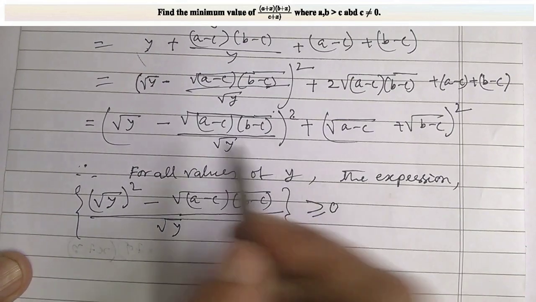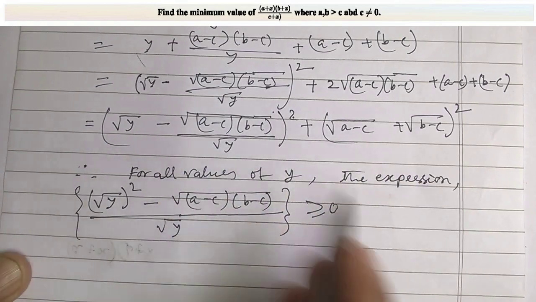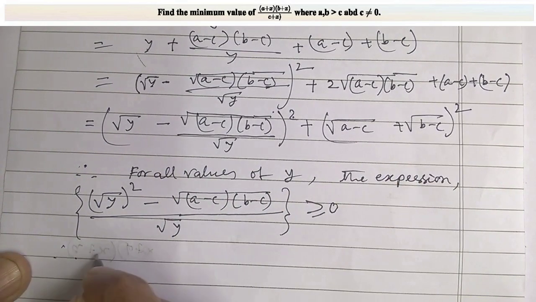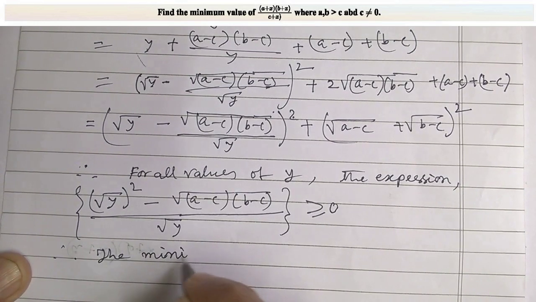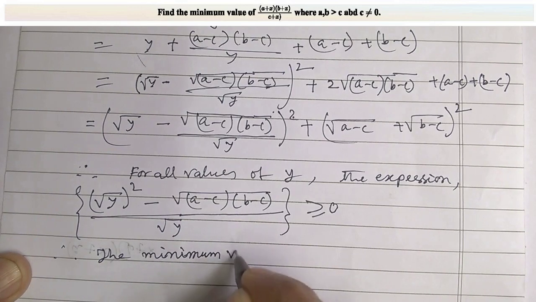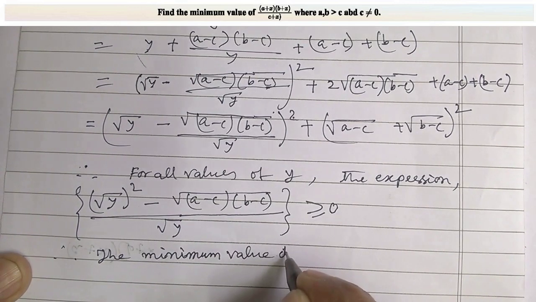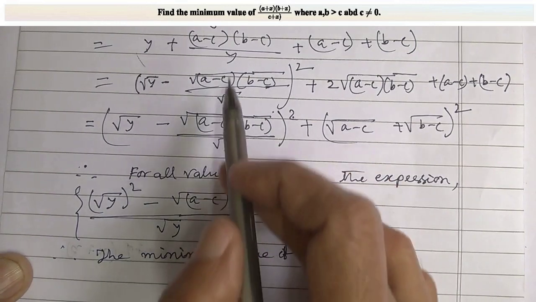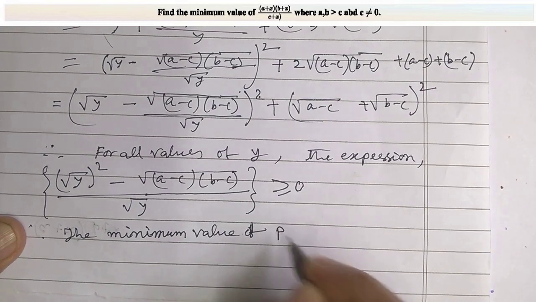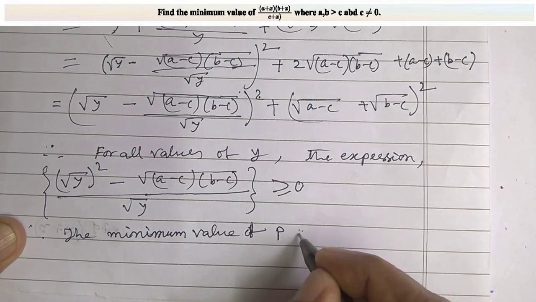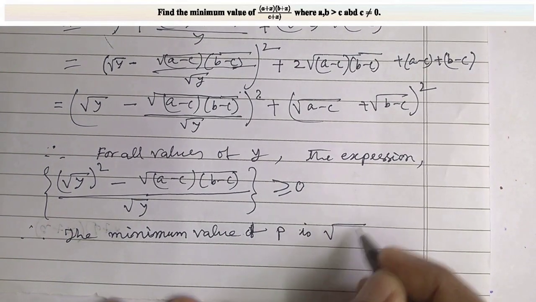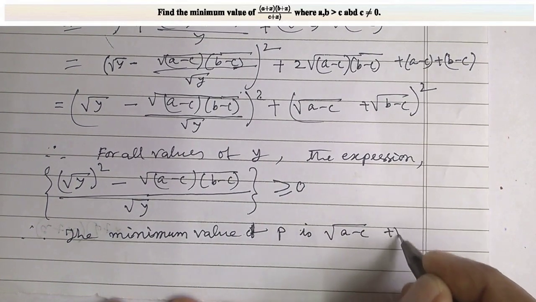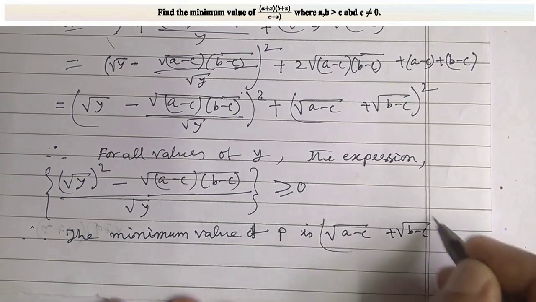Hence the minimum value of this expression p is equal to this constant part, that is, the square.